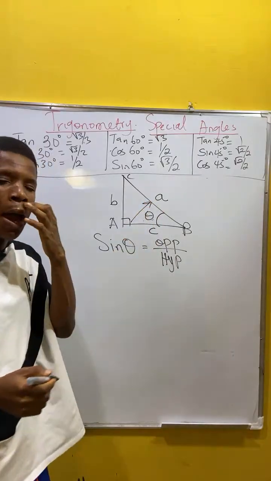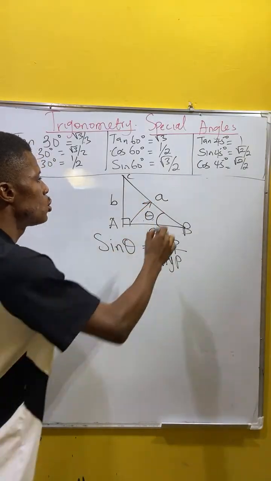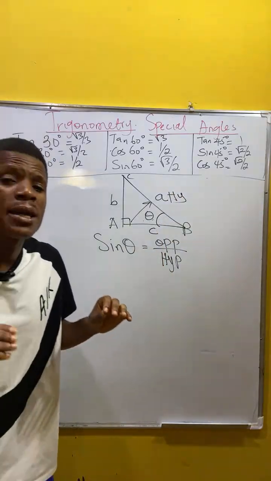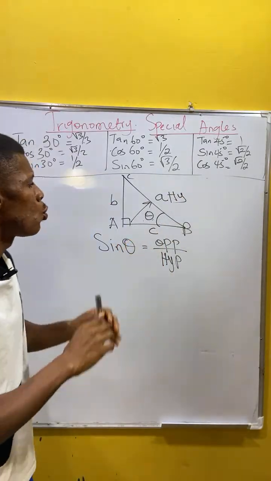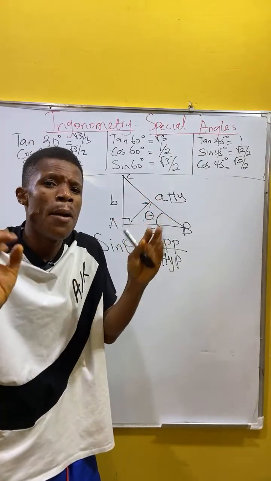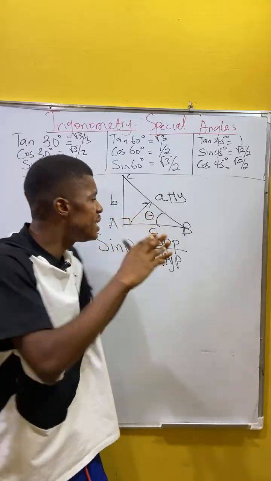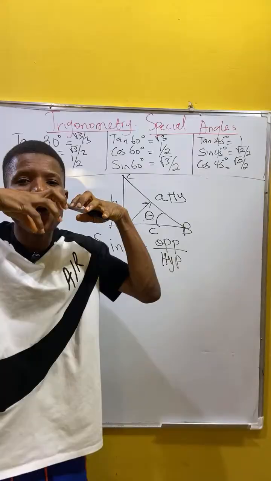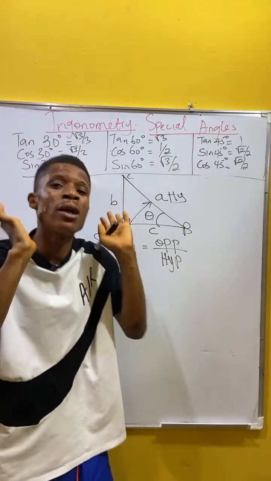So this is the hypotenuse. We pick here as the hypotenuse. When we talk about the opposite, we are very specific, because the opposite is the side that is facing the already defined angle.